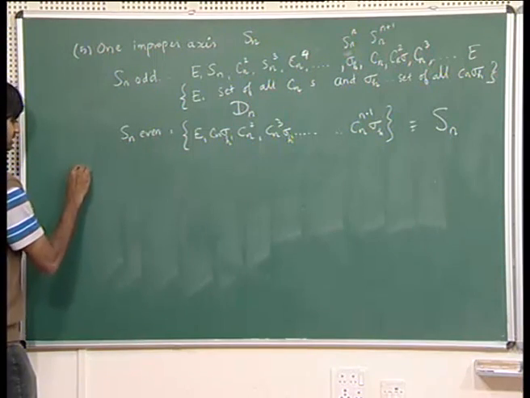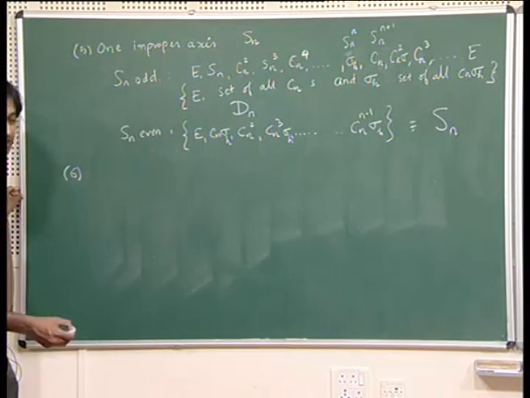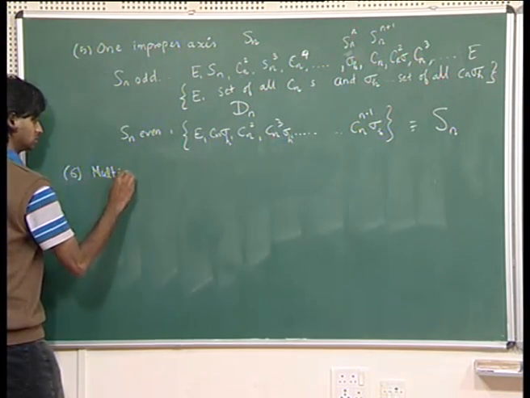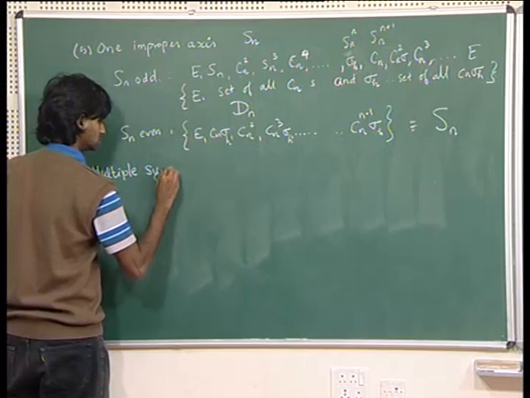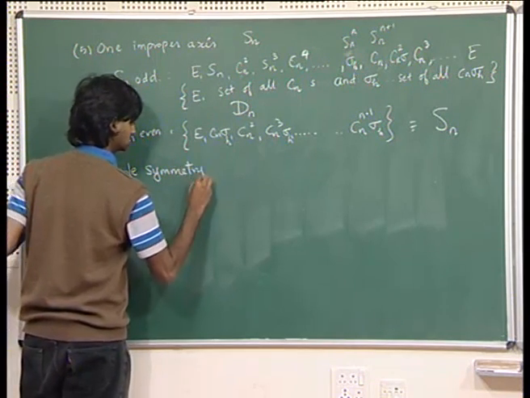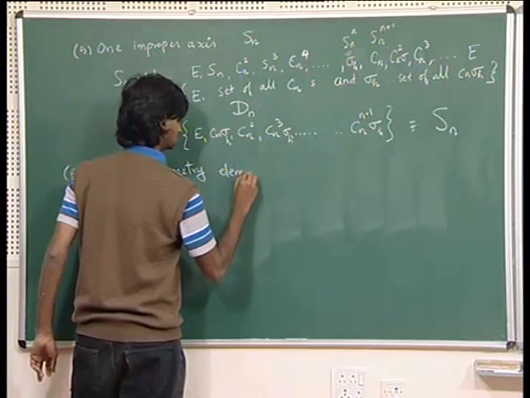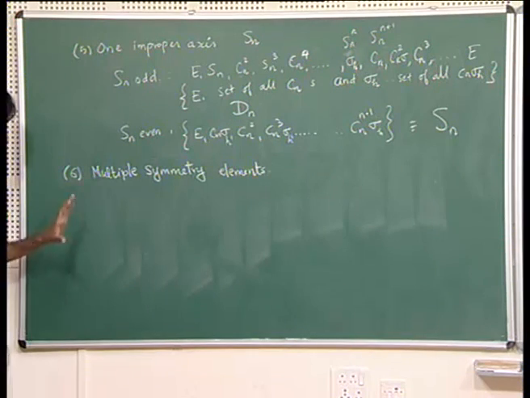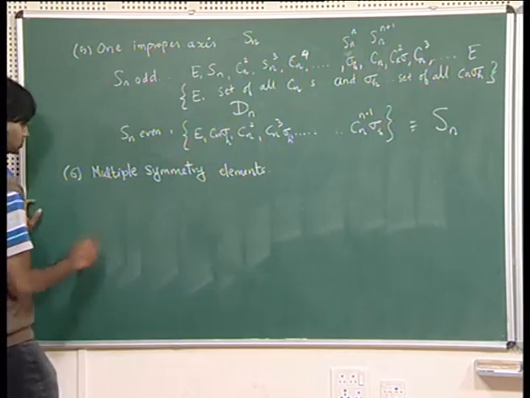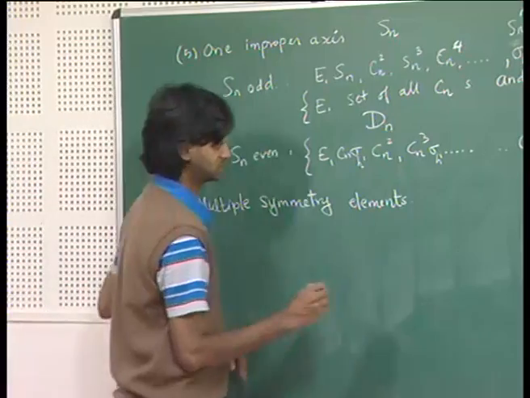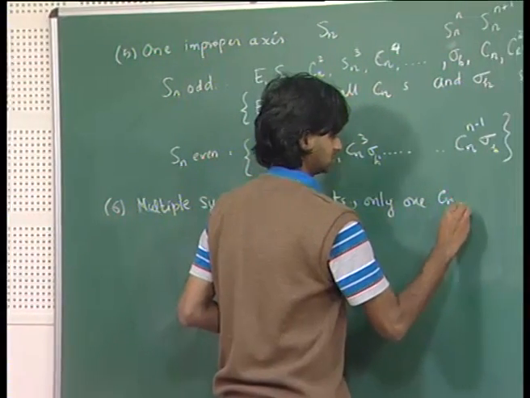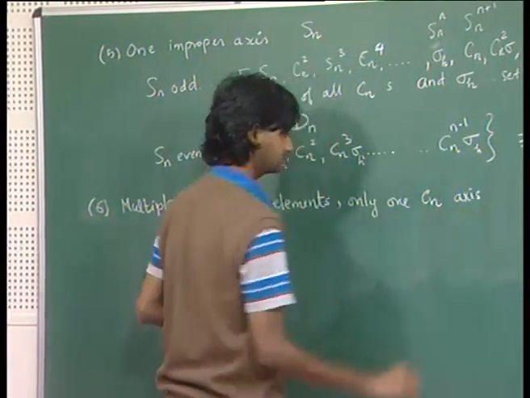So now next we consider multiple symmetry elements. We will first consider only one C_n axis.